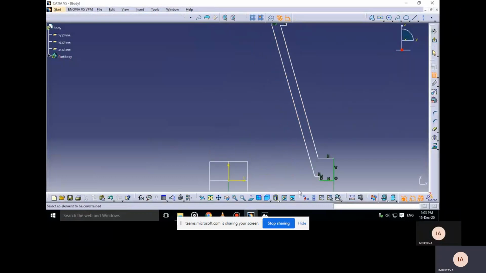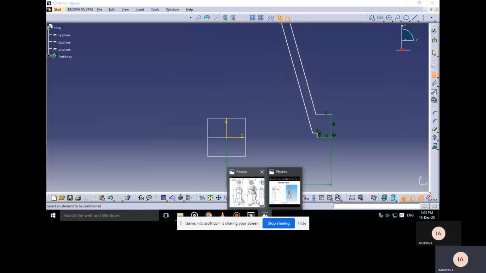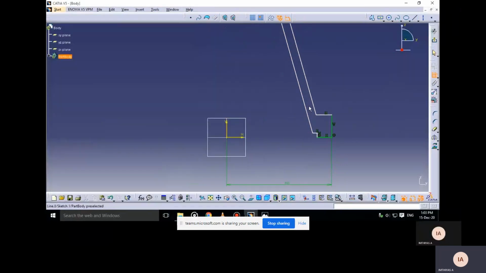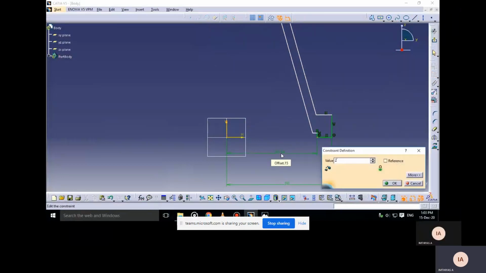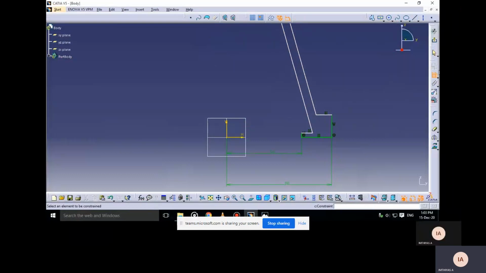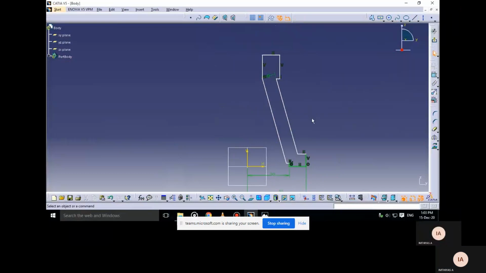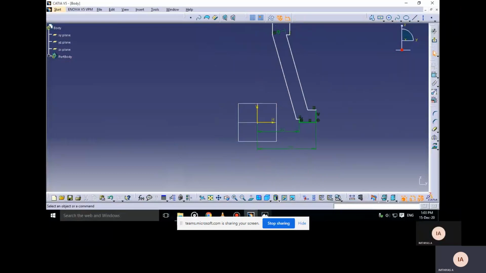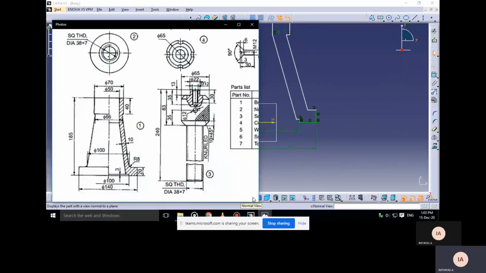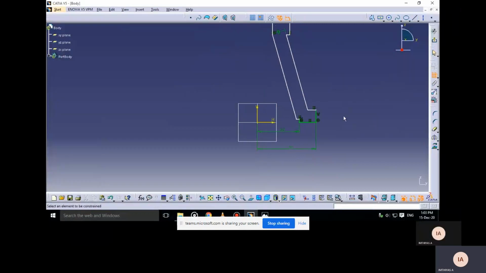Now there is a 3 mm gap, so from that line to this vertical line, that is the inner part, it is 50 mm. The thickness is 10 mm.